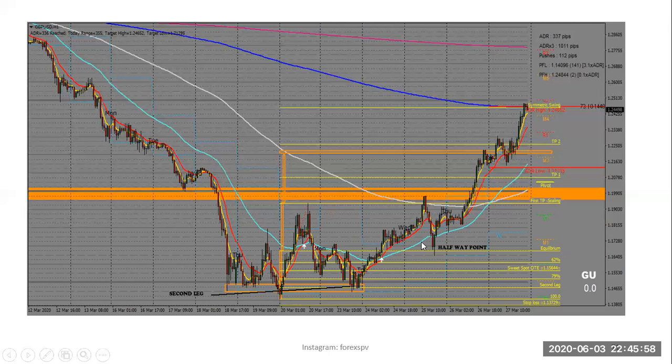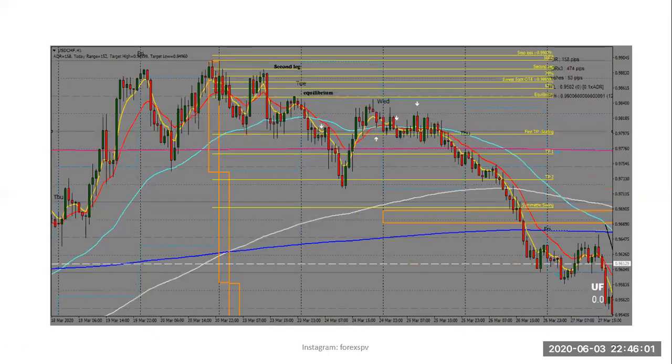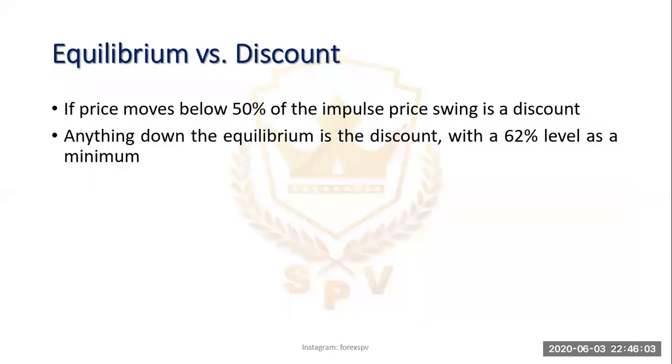Okay, now let's talk of the discount markets. Now, suppose the market is trending up. We have a bullish market structure. You expect an impulse swing coming to the equilibrium point, and from that point, you expect the market to form a pattern there and then continue with the bullish trend.